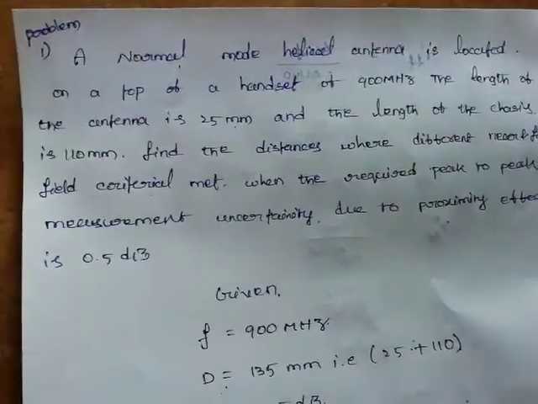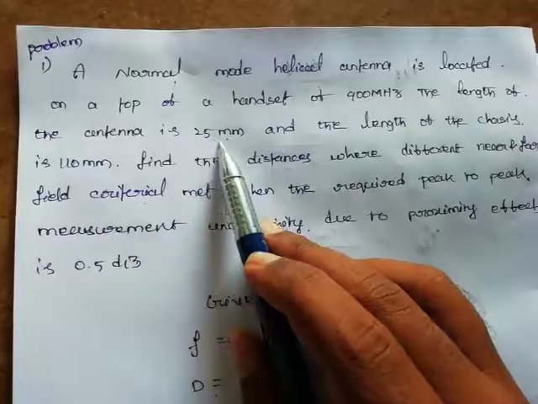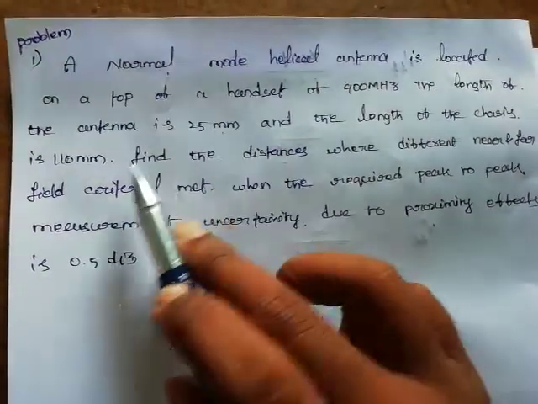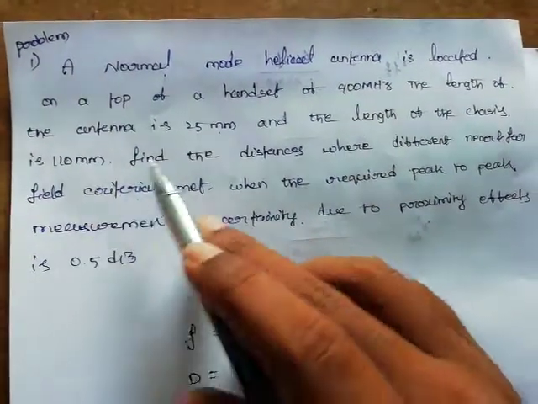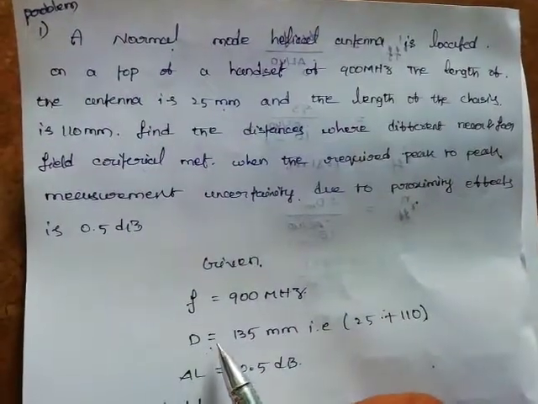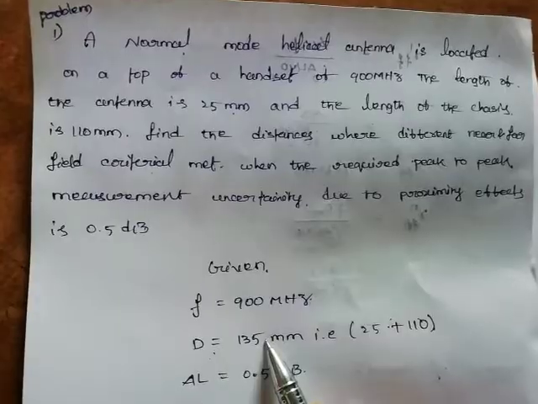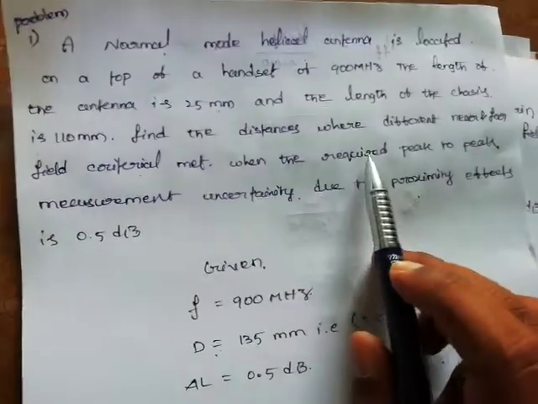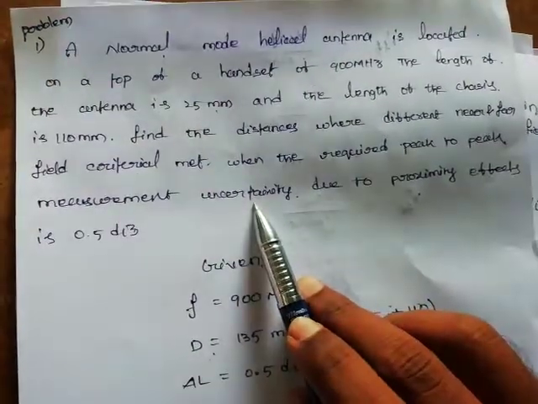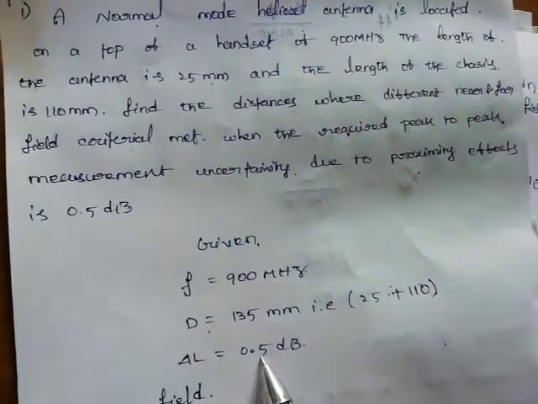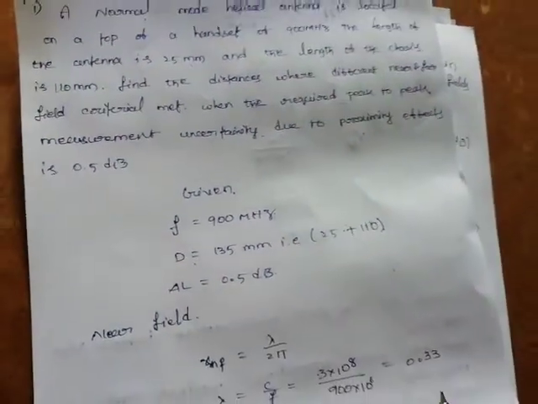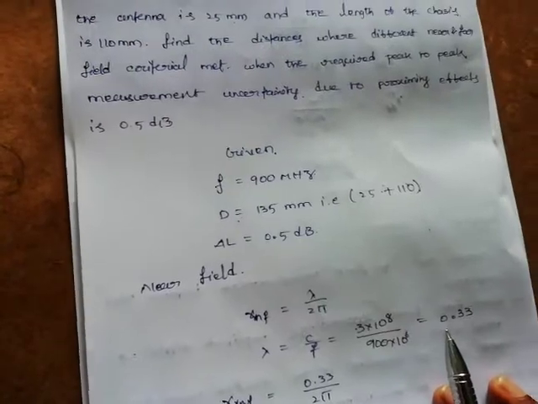You have to add those two, because 25 mm is the length only, and the chassis is the width. Total D means the total physical aperture. By adding these two, you get D, that is 135 mm. Here he has given the peak to peak measurement uncertainty, that is delta L, 0.5 dB. From the formulas you are going to find out the rest.